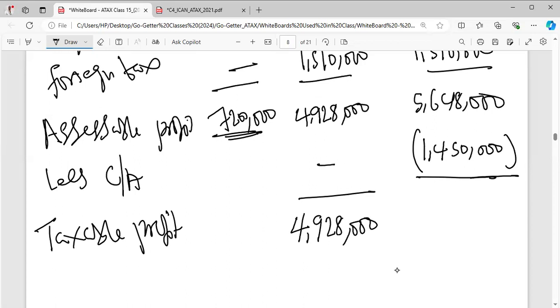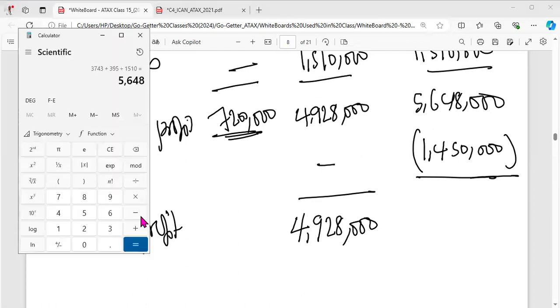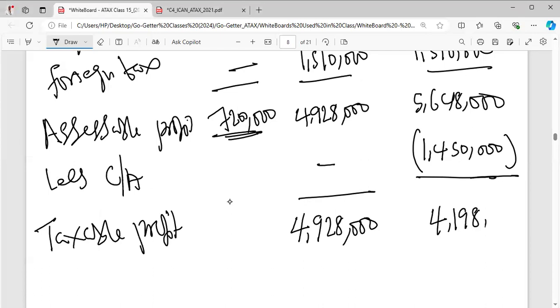What about here? Okay, let's remove 1,450. That will give me 4,198,000.